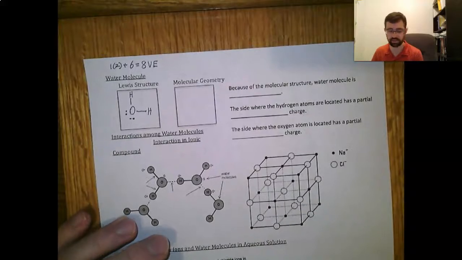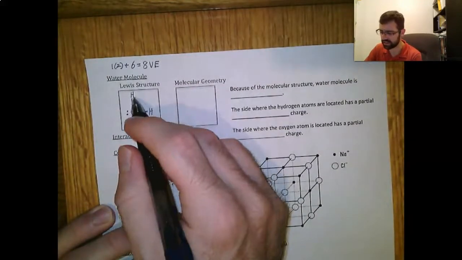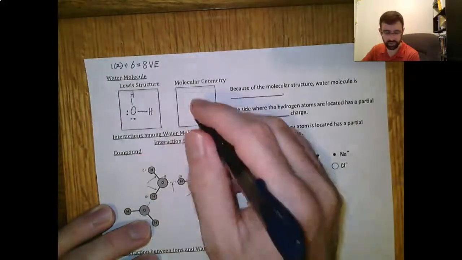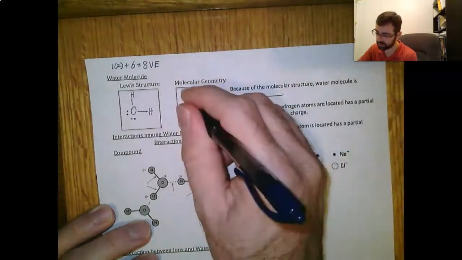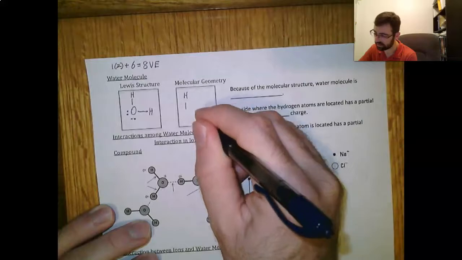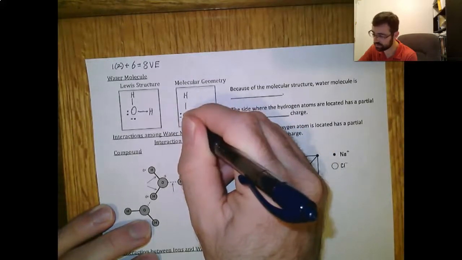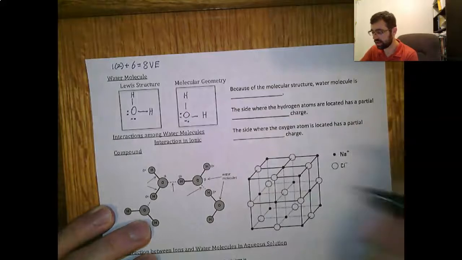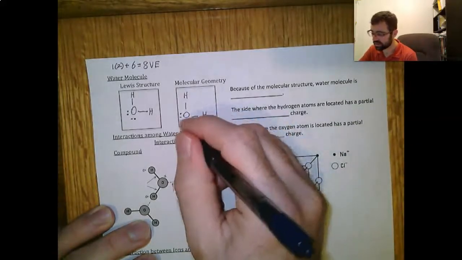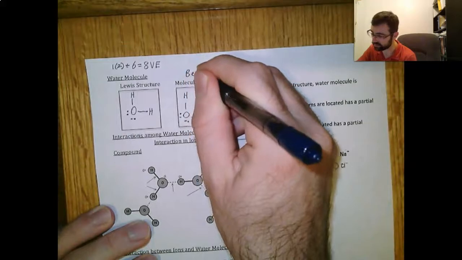That's our Lewis structure. I could have drawn the hydrogens on any side, but for the molecular geometry to be correct, we're going to have hydrogen on either side like this. And it's bent; the molecular geometry is bent.